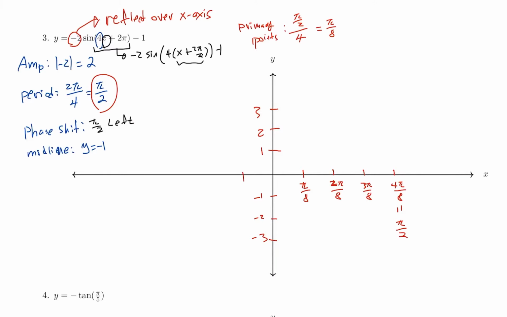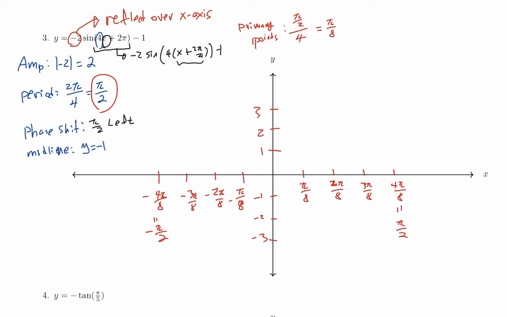Let's also label the negative directions. Since there's a phase shift to the left, that means we might have to be using the other side of the y-axis. So this is the same as negative pi over 2.